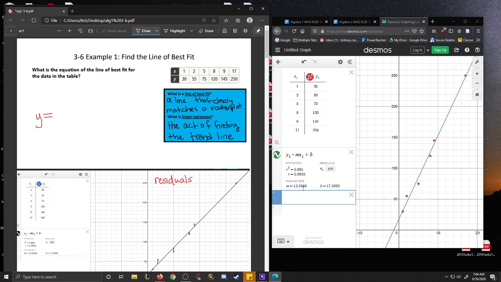Our m is 13.5588 times x plus my b value, which is 17.5882. So there's my equation for my line of best fit. As you're working on Savvas, they'll probably tell you to round your answers so that you're not writing the whole numbers, but this one doesn't specifically tell us to.